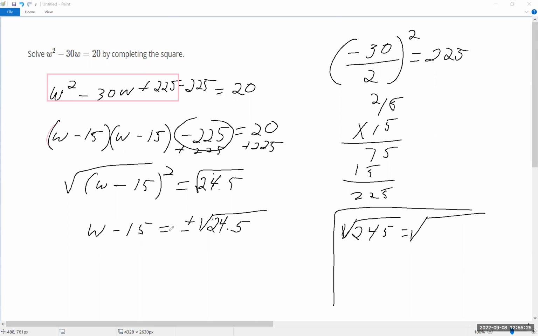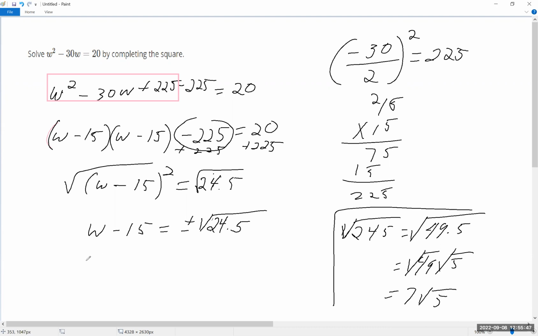There might not be anything we can do, but it's something you should always check. Oh yeah, actually it is going to be nice. So it's going to be 49 times 5, which is the square root of 49 times the square root of 5, which is 7 root 5.